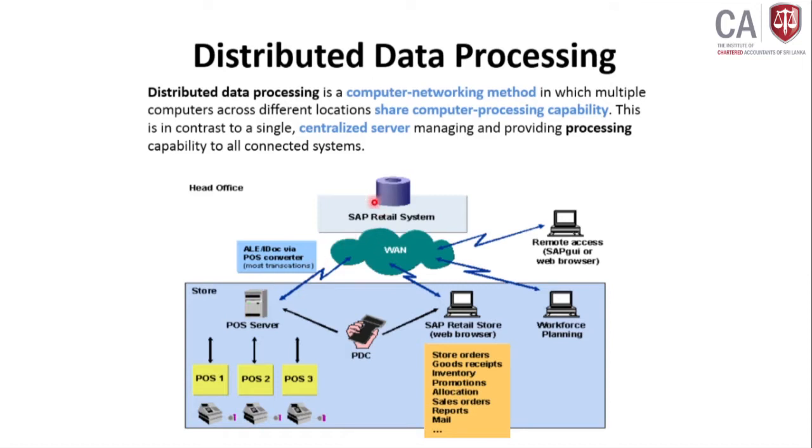Whatever is done on the PDC, and also from the client machines, that information is retrieved and stored in the centralized database. So this processing power is distributed to many areas. People do not need to process directly on this system. It is processed here, stored here, retrieved from here.